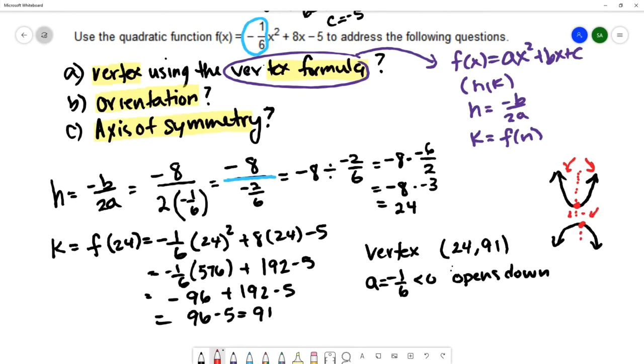So we can use the x-coordinate of our vertex to establish this axis of symmetry. So the axis of symmetry is a vertical line, and all vertical lines have the equation of x equals. And we're going to use that x-coordinate from the vertex as the axis of symmetry.